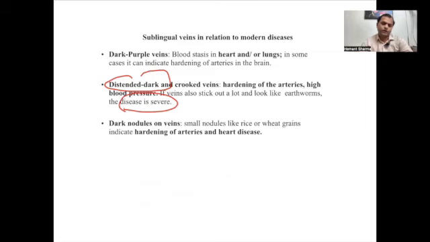Now we will see very clearly bulges. Now we can see in this image, very clearly bulges.